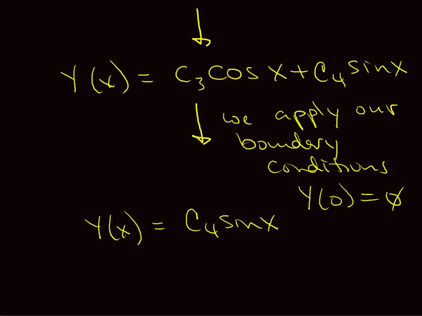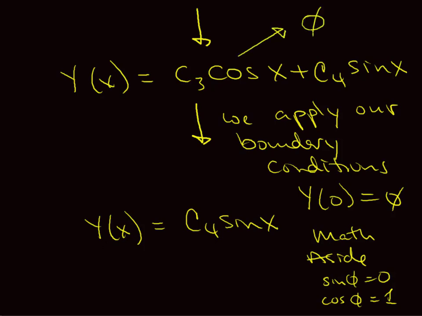And we know that the cosine of 0 is equal to 1, so that is not going to allow us to work within the boundary conditions. Let's make a little math aside: the sine of 0 is equal to 0, cosine of 0 is equal to 1. So we need to stay within the confines of the boundary condition, and that eliminates our cosine function and takes it to 0.